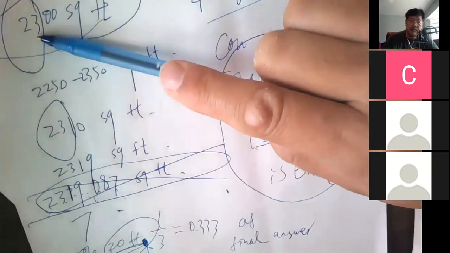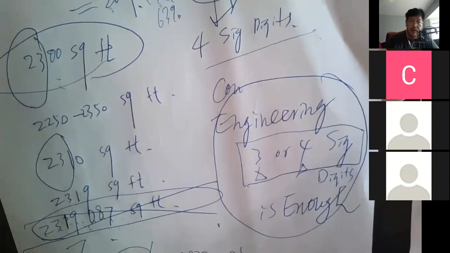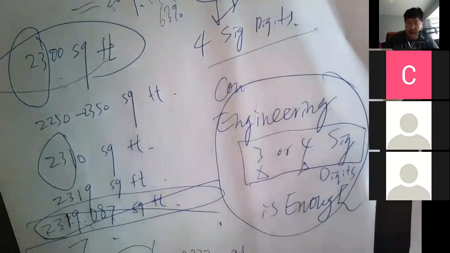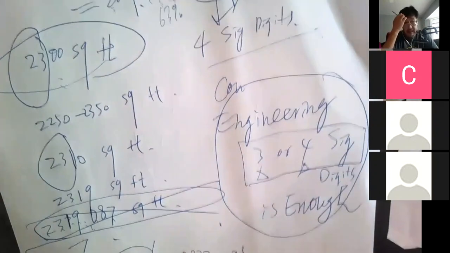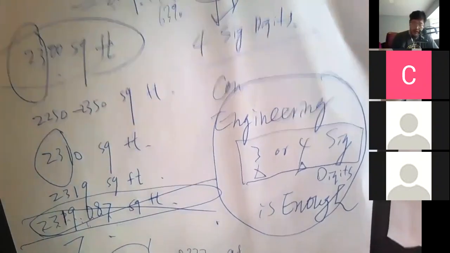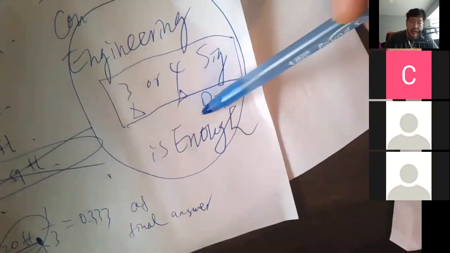We say 2,300 square feet or 1,000 square feet. My house is 11,000 square feet. That's all I care about. So 2 significant digits when you buy a house, a lot of the time. And for engineering, 3 significant digits is enough.